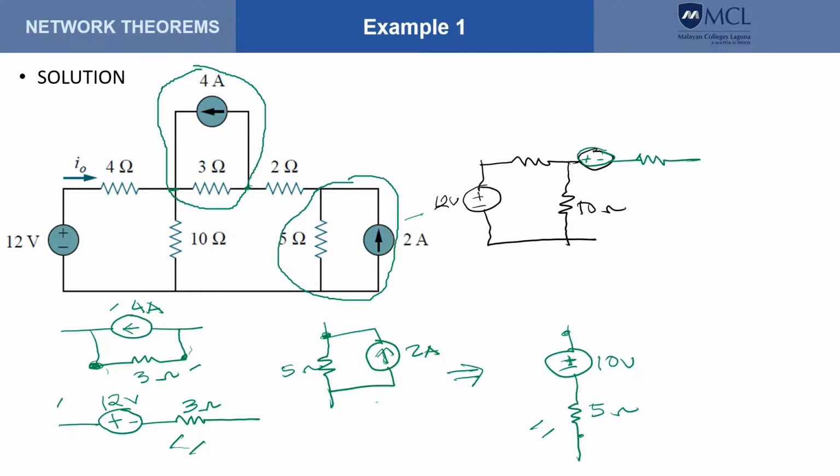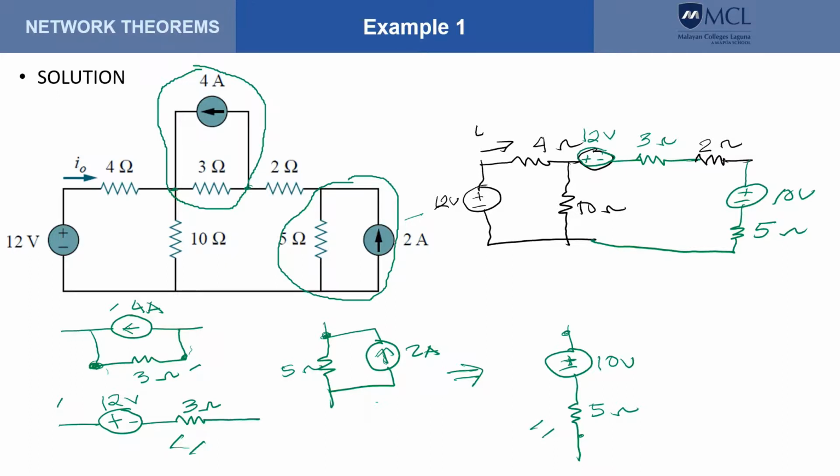and this is the 2 ohms, and then okay, so this one is 12 volts, 3 ohms, this is 2 ohms, this is 10 volts, this is 5 ohms, and 4 ohms, and this is I naught.